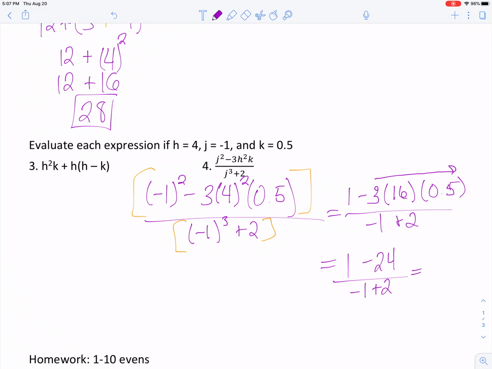Now I can do addition, subtraction. 1 minus 24 is negative 23. And negative 1 plus 2 is going to be a positive 1. Now I have the entire top simplified, the entire bottom simplified. Now do that division. So negative 23 divided by 1 is just a nice, happy negative 23.